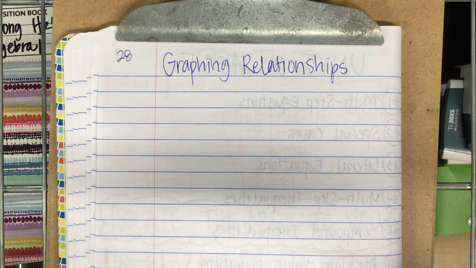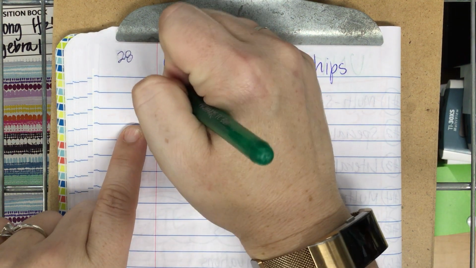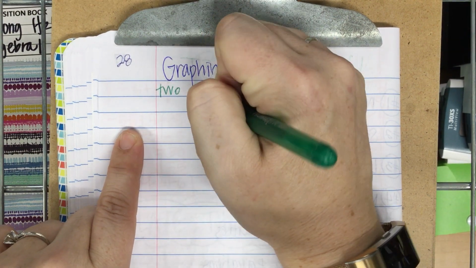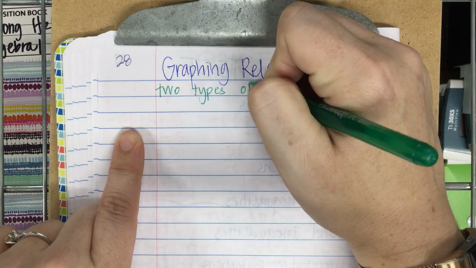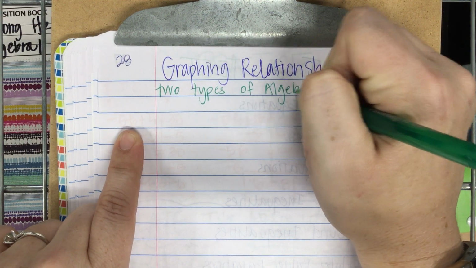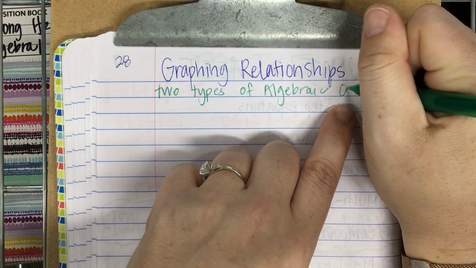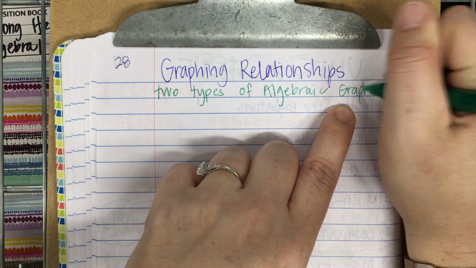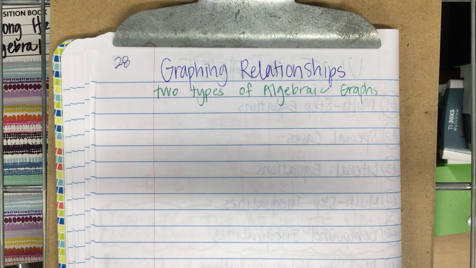All right, so there are two types of algebraic graphs.